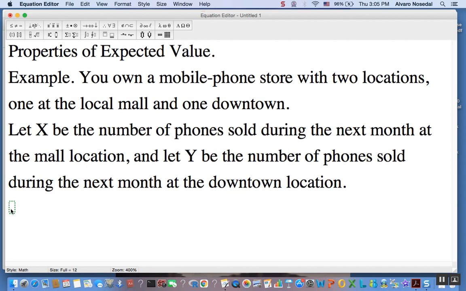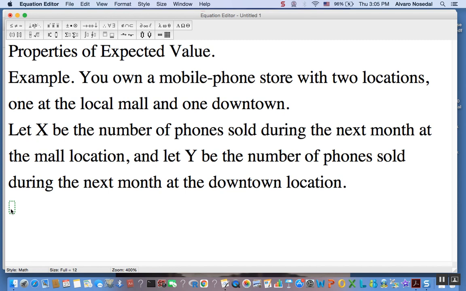Now let's define the random variables that we are going to be studying. Let x represent the number of phones that you sell during the next month at the mall location.